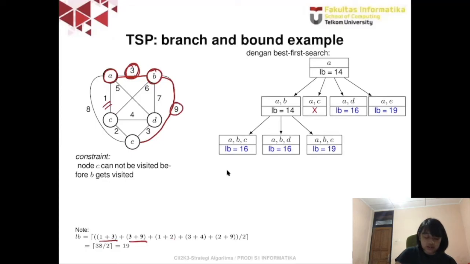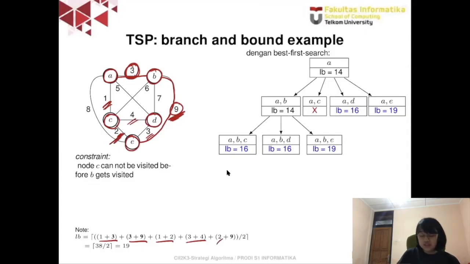For C, it must be attached to 2 edges that cannot be lower than 1 and 2. And for D, it must be attached to 2 edges that cannot be lower than 3 and 4. And for E, it must be attached with 9 because of the partial solution, and the other edge that is attached to E in the solution cannot be lower than 2.